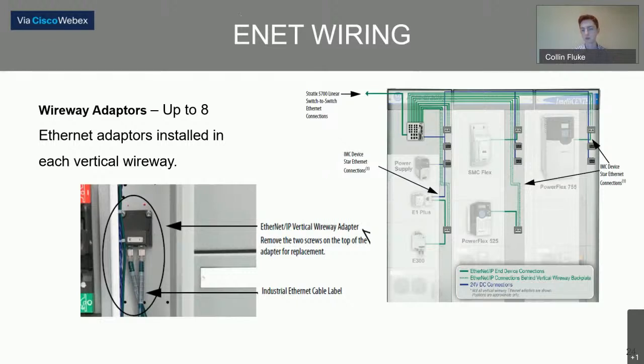It's shorter Ethernet cable lengths. It minimizes having to fish Ethernet cable through the entire MCC if a new bucket was added. So it allows just a short cable, maybe 2-3 feet long, straight out of the unit, right into the vertical wireway adapter.